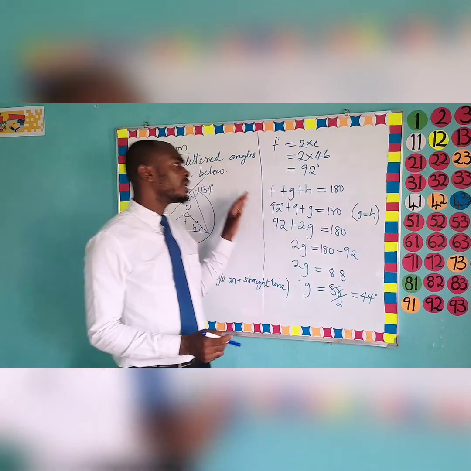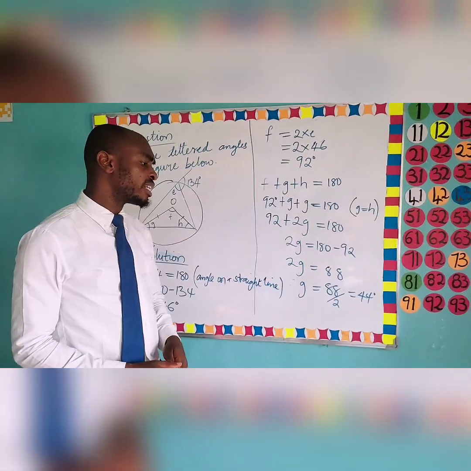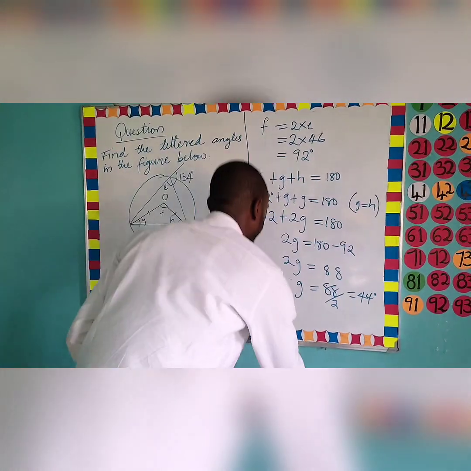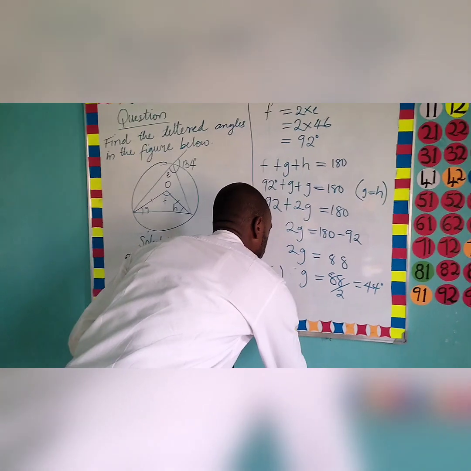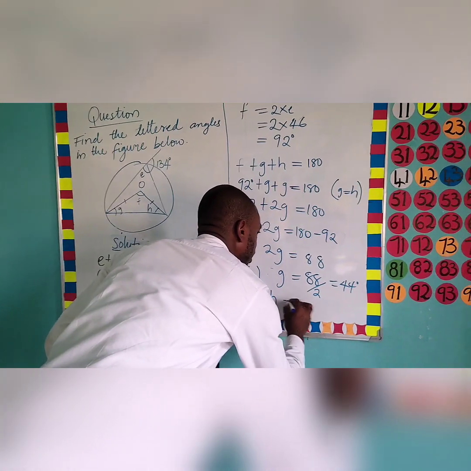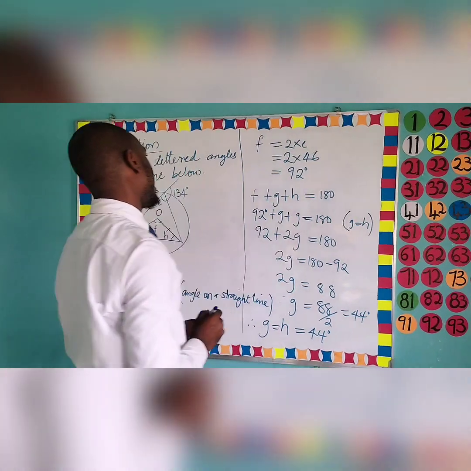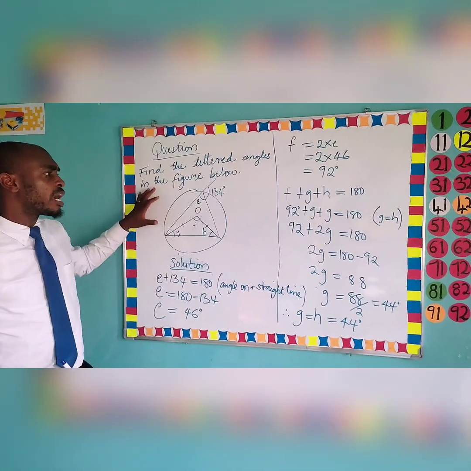Remember that we said G and H are the same thing. Therefore, G equals H equals 44 degrees. Now from the angles, it is very easy to calculate this.